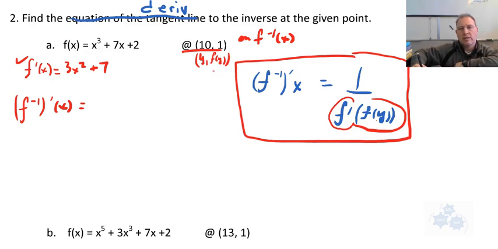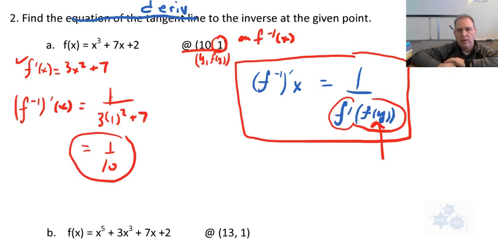Or let's say this is x and f of x. So this is y and f of y. Yeah, on the inverse. So our f of y here, you see this right here, is actually this right here, second value there. So this is going to be 1 over the derivative evaluated at 1, is 1/10.